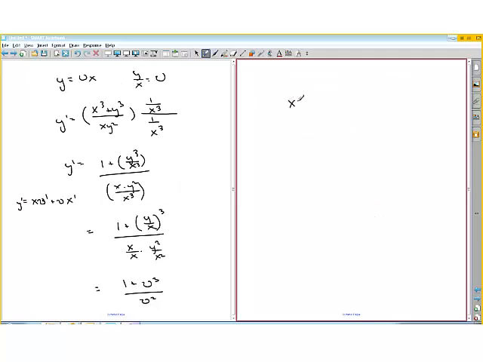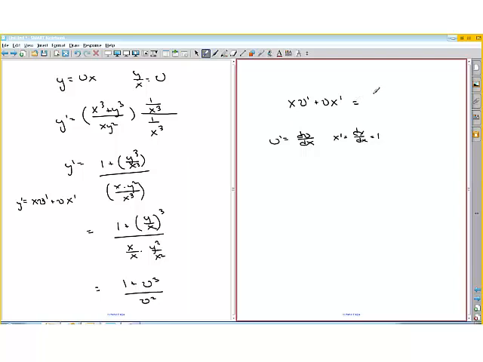I get x mu prime plus mu x prime, but x prime is just 1. We're taking the derivative with respect to x. So mu prime is equal to d mu dx, and x prime is just dx dx, which is equal to 1.